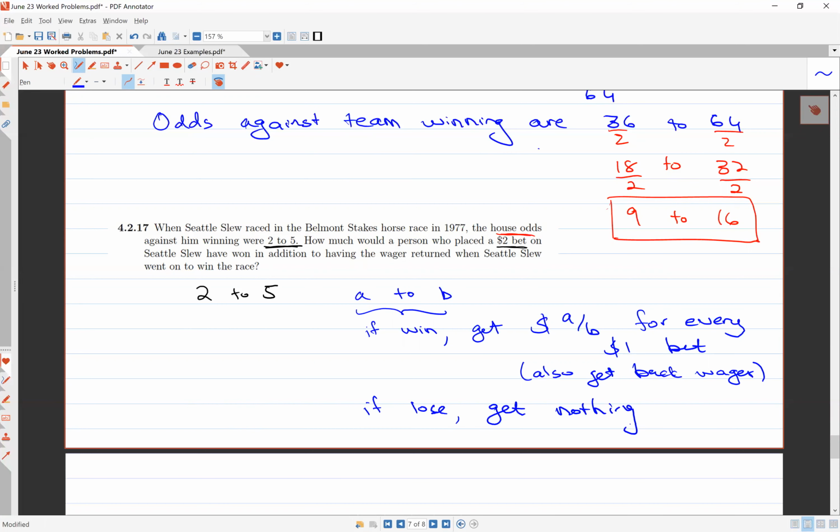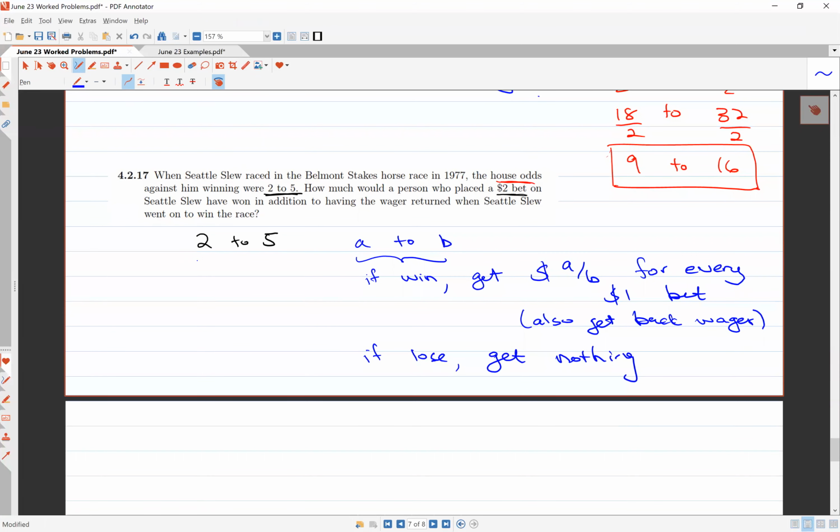So in this case, if the horse wins, A to B is 2 to 5. So 2 over 5 is 40 cents. So you will get 40 cents for every dollar that you bet.